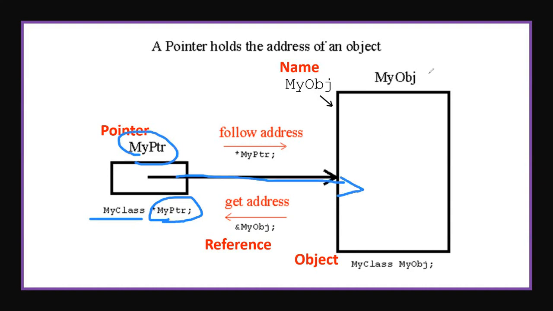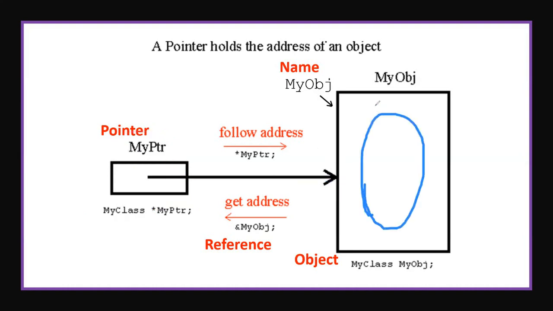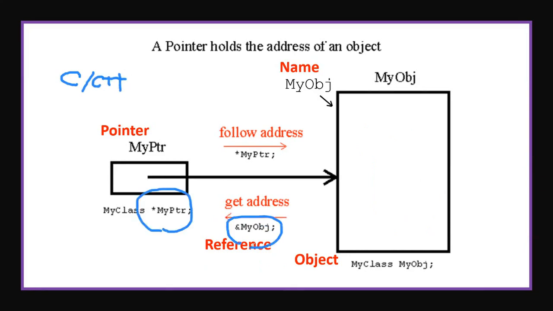This is called a pointer. The real data that you store is the object, and getting the address back is called the reference. This one is a little bit complicated: when you do C++, the pointer and the reference are different.